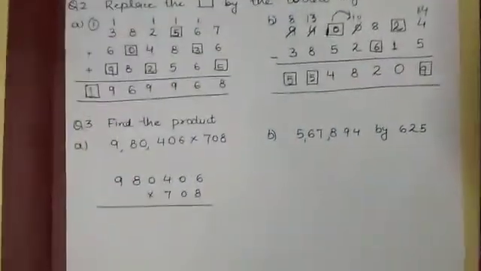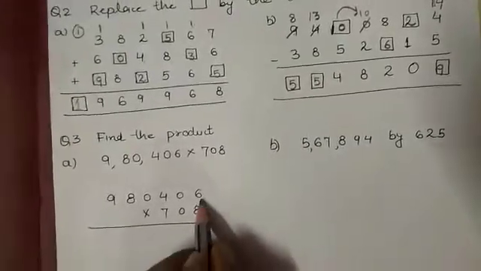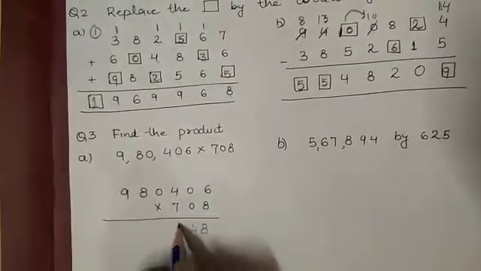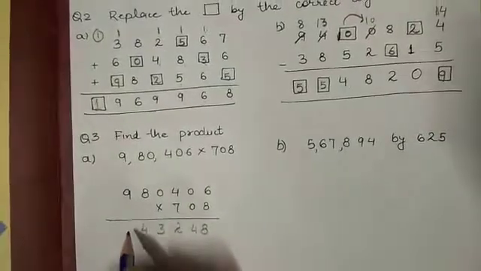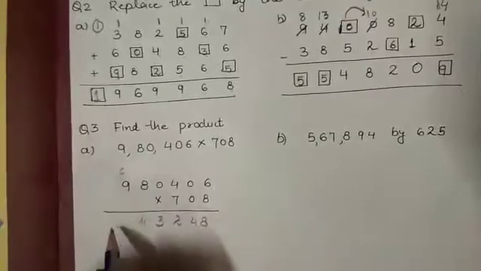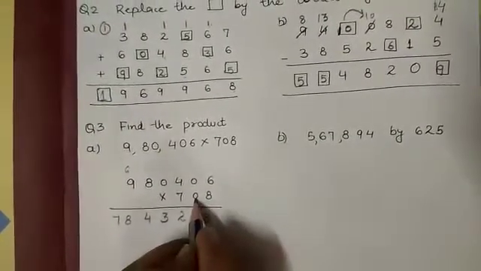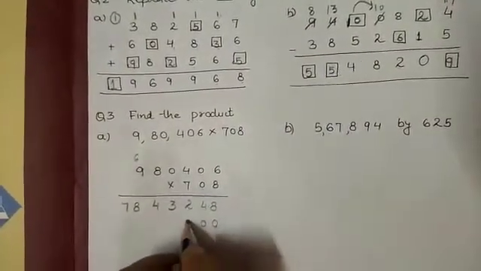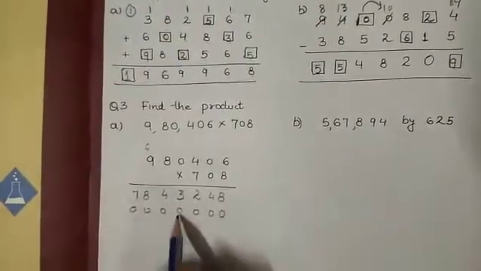Now in the same way we have to do the product. 8 6s are 48. 8 4s are 32. 8 8s are 64. Now 8 9s are 72 and 6, 78. Next step, to multiply with 0, put 0 at the 1's place and for the 10's place zeros. 3 and 3, 6.